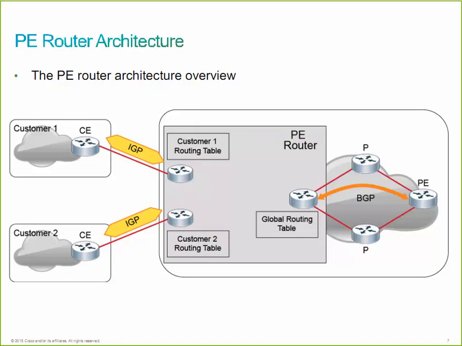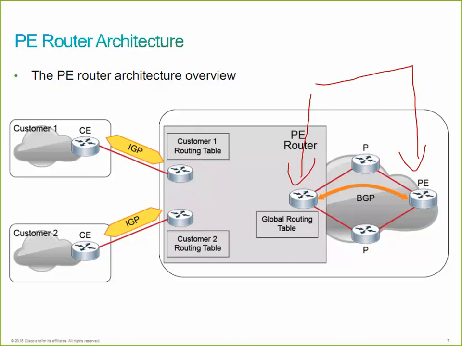All right. The PE router has a global routing table as well. Obviously, the global routing table is used to communicate with the other PE routers. This global routing table is part of that core IGP that allows for reachability from one PE router to the other. Remember, in BGP, peering relationships can be physical, but they can also be virtual.